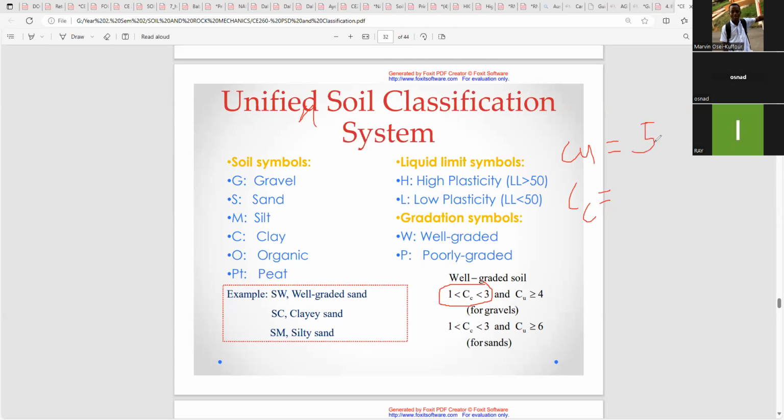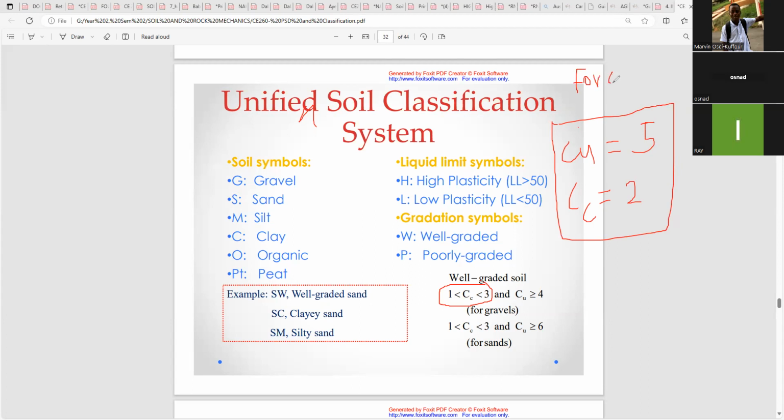Maybe we had our CU to be 5. And I said earlier that the CU and the CC are coefficients, they don't have units. They come out as a ratio, so they don't have a unit. And maybe our CC is 2. With this, the conclusion that we can draw is that the soil is well graded soil, and it is mostly for gravel or gravelly soils.